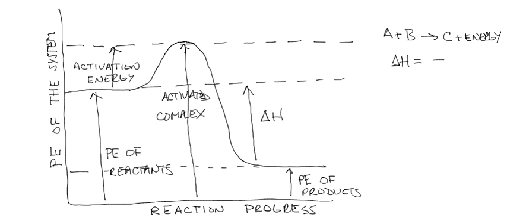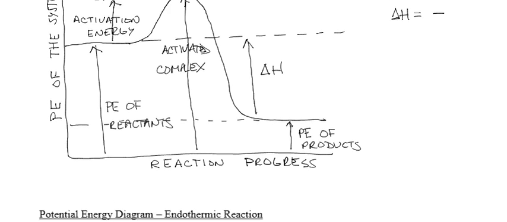All we're going to do now is, it's our last thing, the potential energy diagram for an endothermic reaction. If you want to, you can pause the video and do it yourself first and then check, or just go along with me. We have our axes. The X is the reaction progressing.